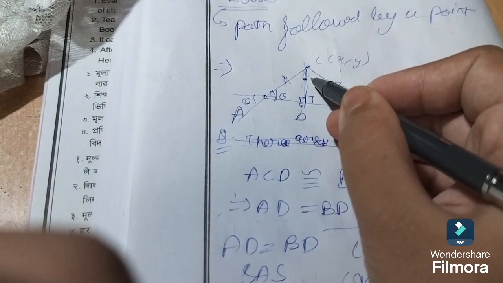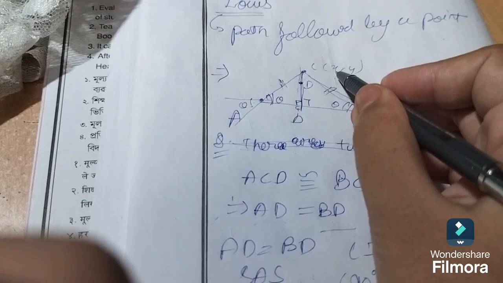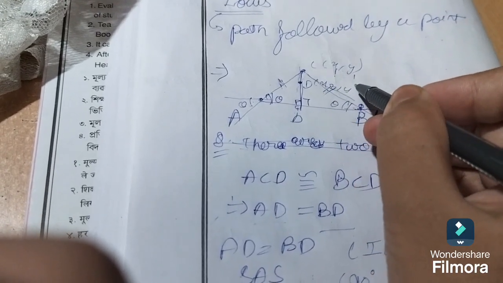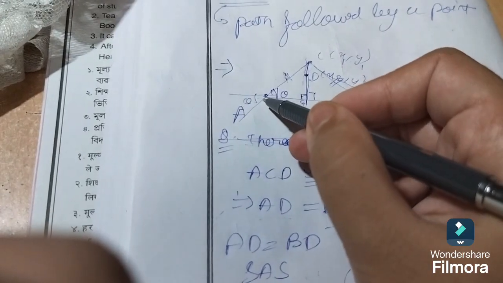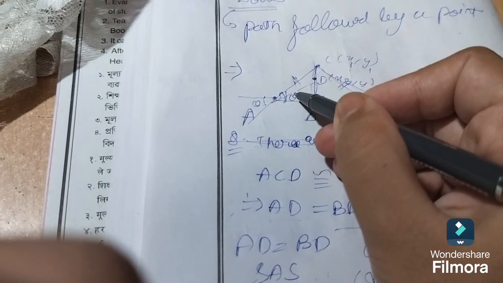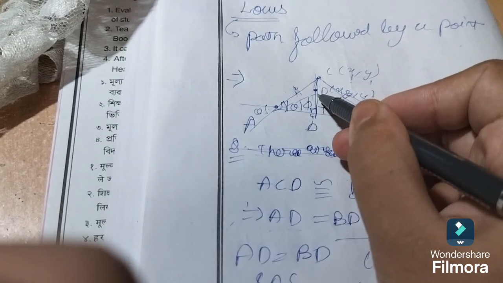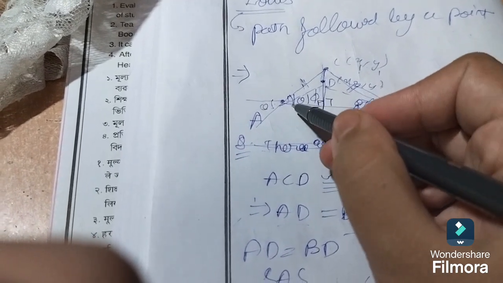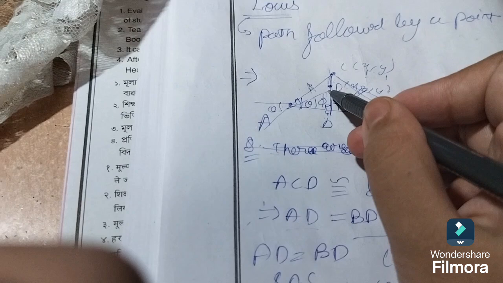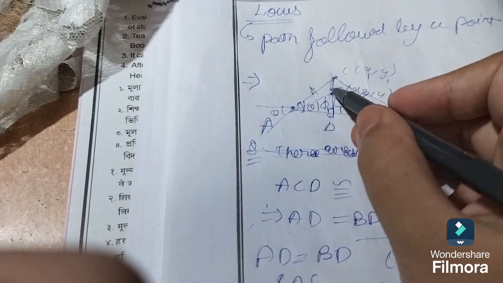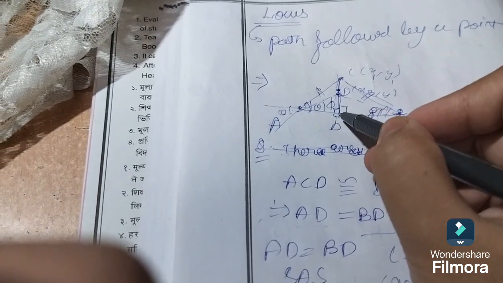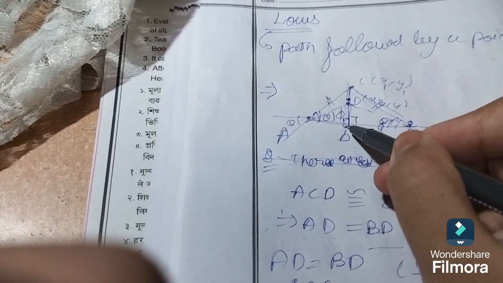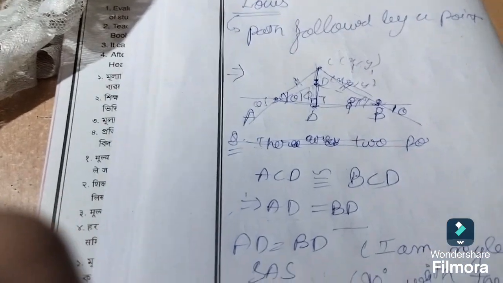Understand that? Let's say this C was (x1, y1), and now this is (x2, y2). These two angles will be, let's say, phi and phi. Now this point will be on this line only, because there is only one perpendicular, and because of it only AD is equal to DB is possible.